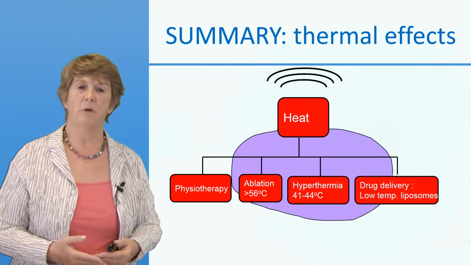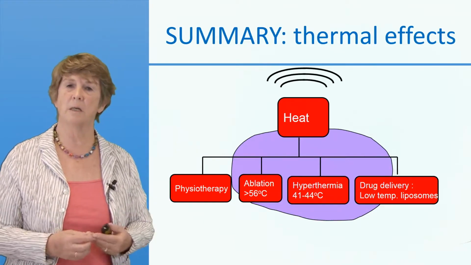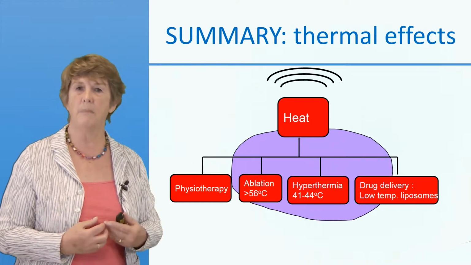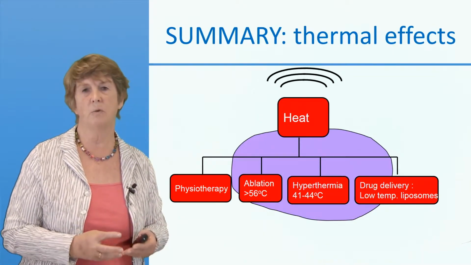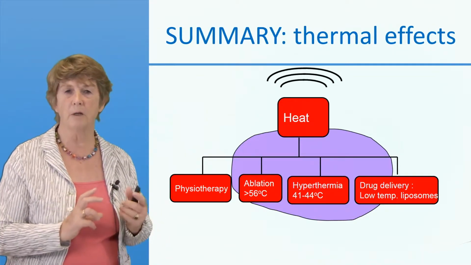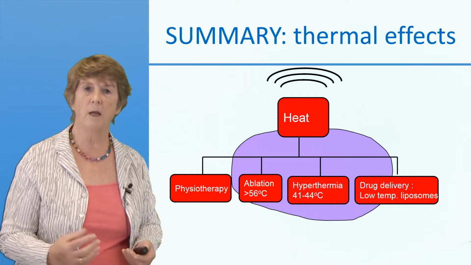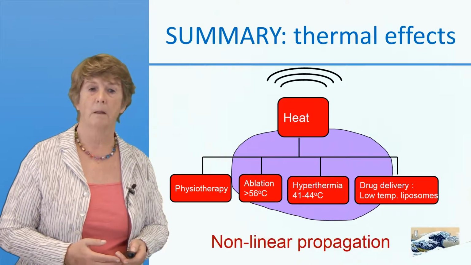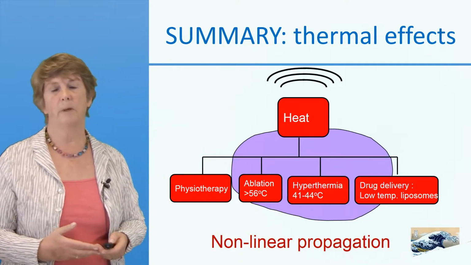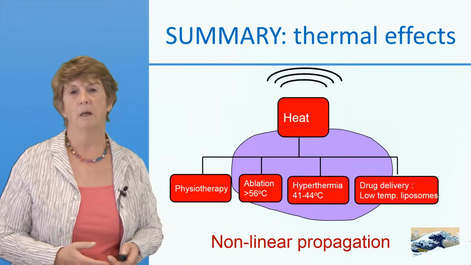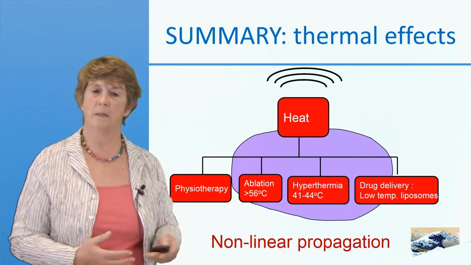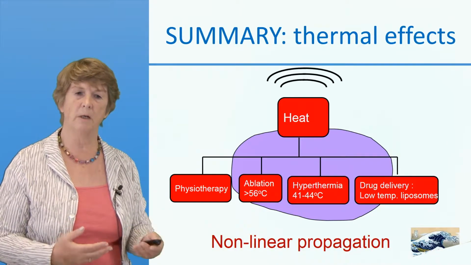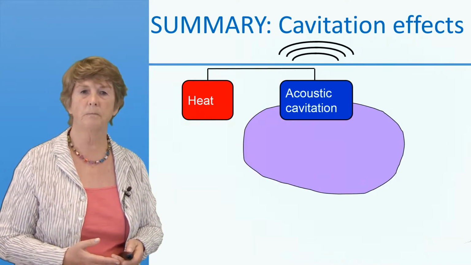Or an area that I haven't really touched on is if you put your drugs in a liposome which has a low melting point, you can use your heat to melt the liposome at the site where you want the drug delivered. So you give your ultrasound locally, you give your liposomes systemically. And when you get nonlinear propagation, we do get enhanced heating. But we get this heating effect whether we have nonlinear propagation or not.